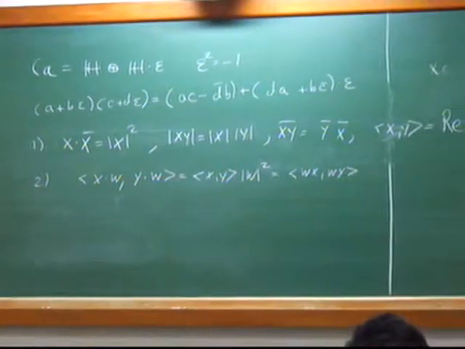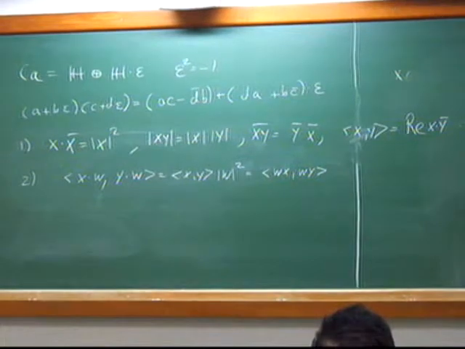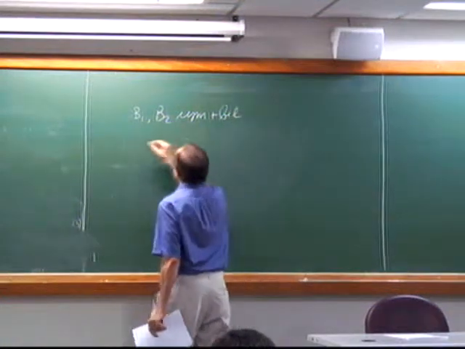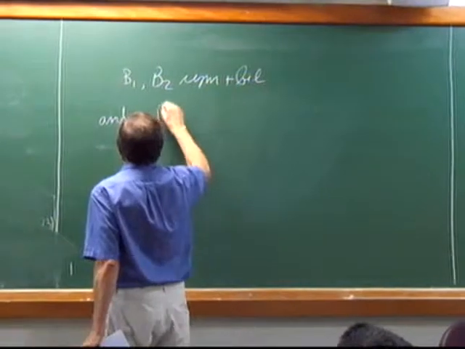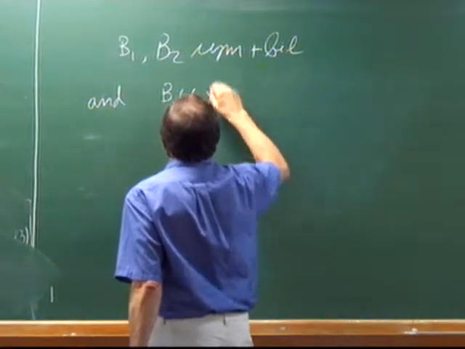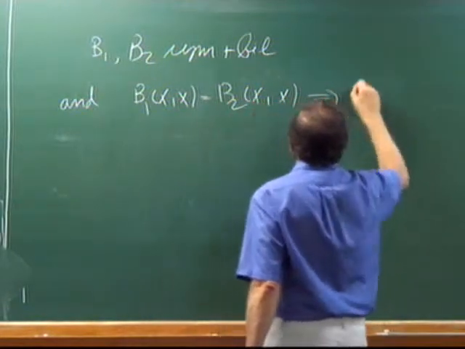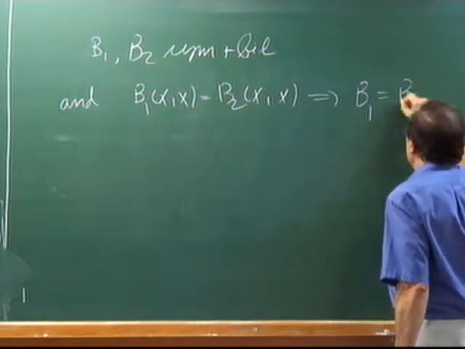So if B1 and B2 are symmetric bilinear, and they agree on the diagonal, this implies that B1 is equal to B2.